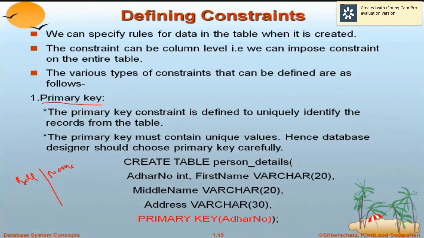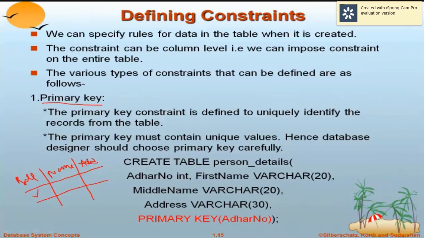Which attribute helps in making the data unique? There's a chance of having the same name, and at the same time there's a chance of having the same address. But the roll number cannot be repeated, so the roll number is something which is unique.